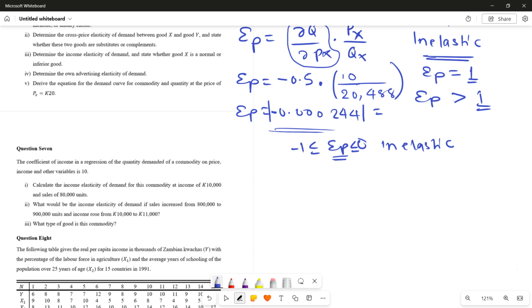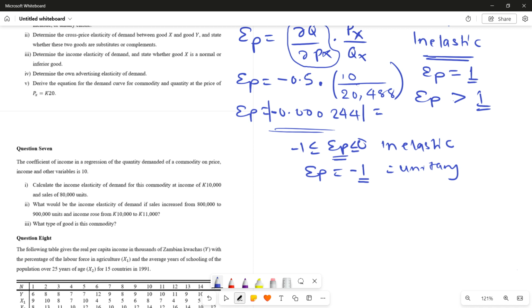Okay? The second possibility is a case where your answer is exactly -1. So this means that you are dealing with unitary elasticity, which if you had introduced the modulus, this will be +1. So anyways, the point I'm trying to say is the analysis really does not change whether you are dealing with negatives or maybe you have introduced the modulus, you are dealing with the positive.